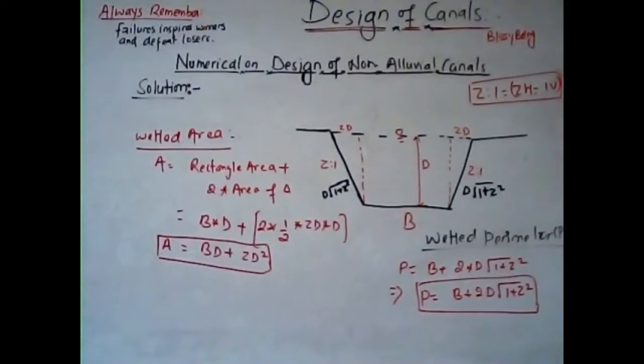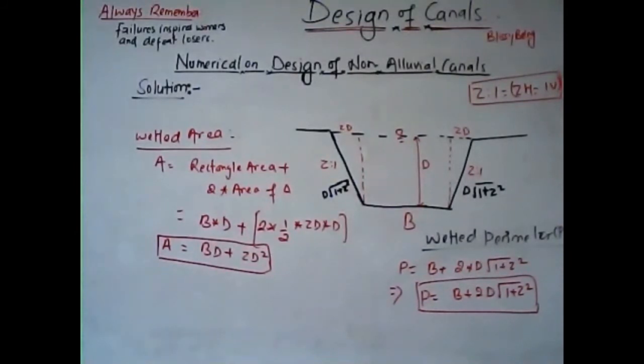The rectangle's area is B into D, and the sum of these two triangles is 2 into 1 by 2, the area of an individual triangle, 1 by 2 into the base Z times D, into the height, that is D.